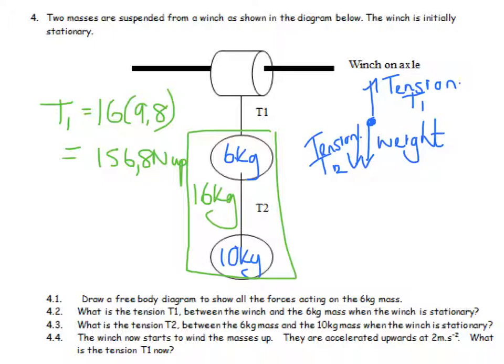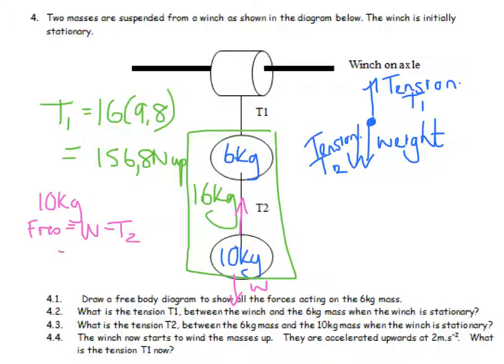What is the tension T2 between the two blocks? Well, now I need to break up each block. So first, let's look at the 10 kilogram block. For the 10 kilogram block, I'm going to say force resultant is equal to the big force, which is the weight, minus the small force, which is the tension, because this whole thing is being winched down, so it's going downwards.